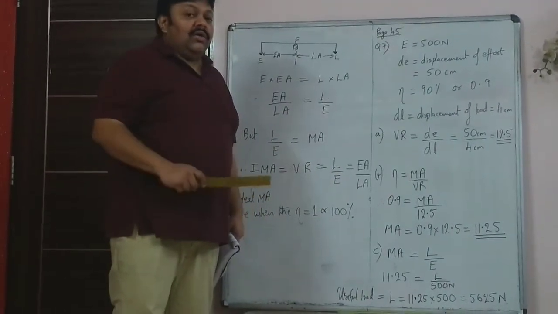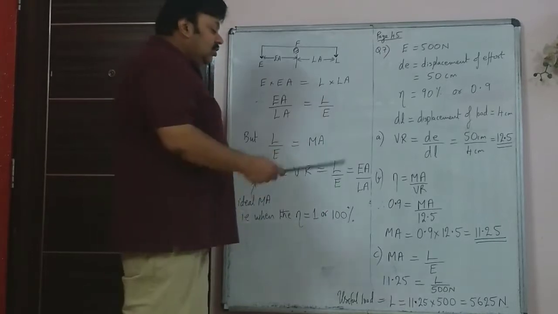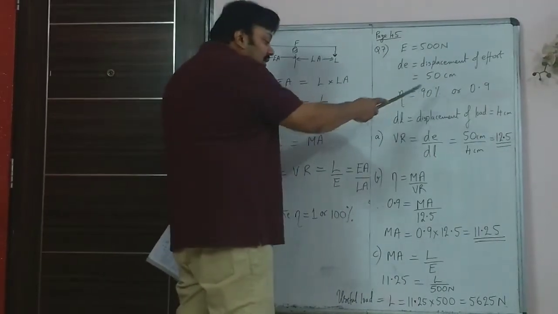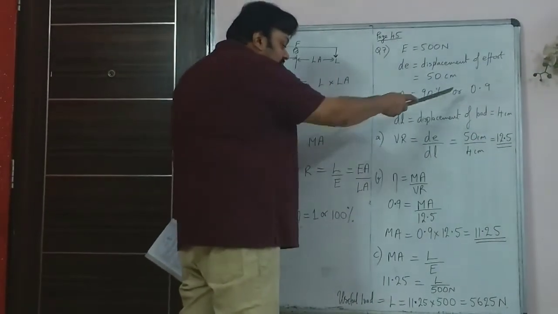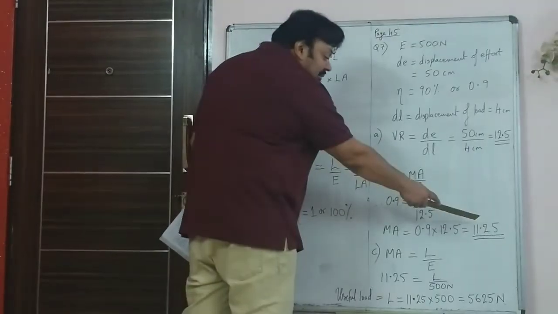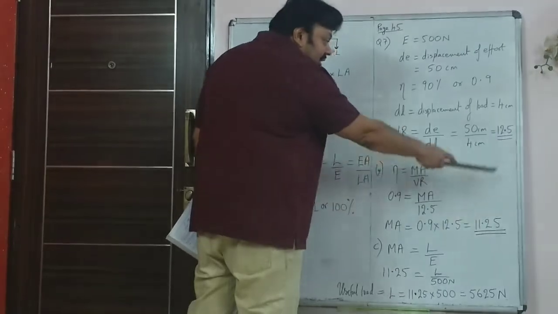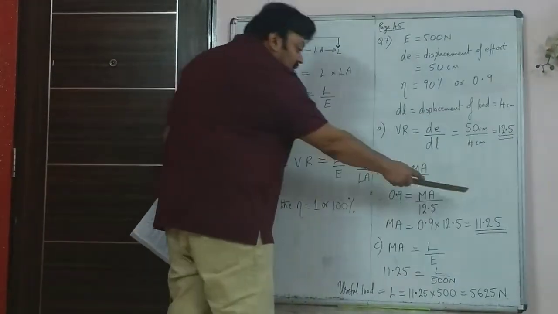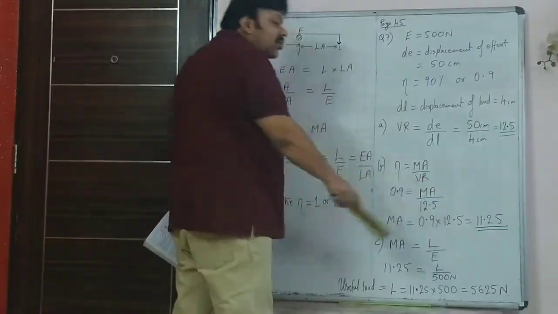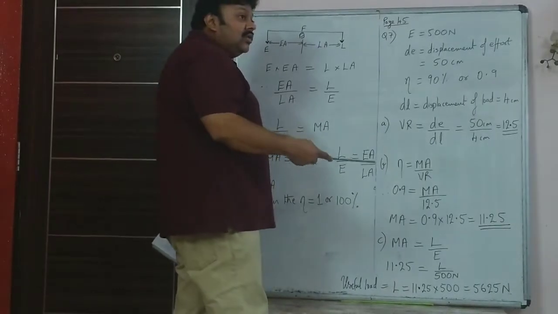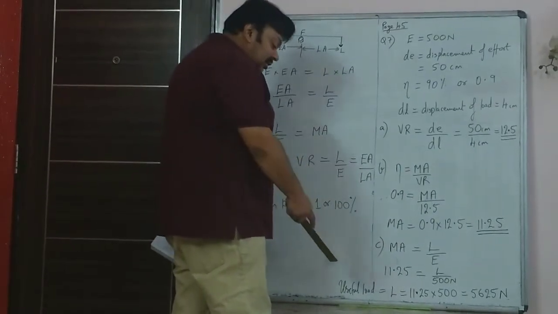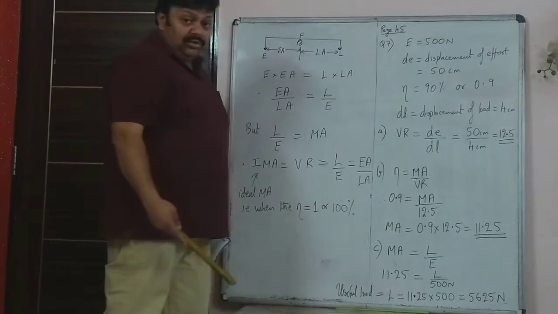But now it is not 100% efficiency. So what you can lift using this efficiency, using this, you have calculated the MA, and you can clearly see that MA is less than VR, it is not equal to VR. So using this value of MA, you are finding the actual or useful load lifted. It can also be called actual load.